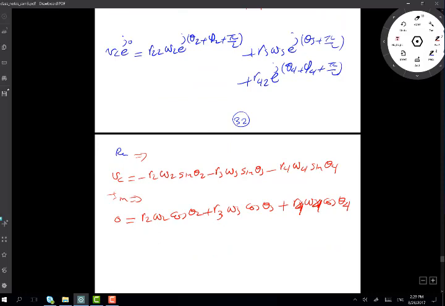And then my second equation, when I do the real for the second equation, it will be VC being equal to R22 omega 2, correct?